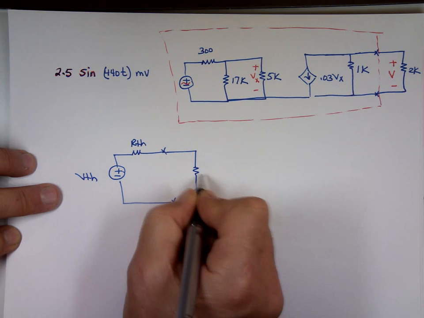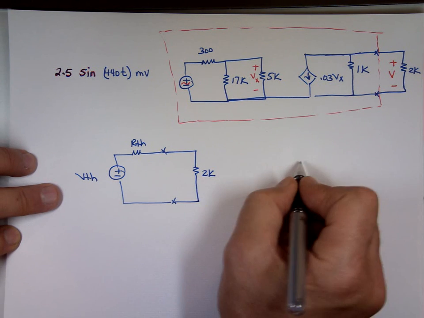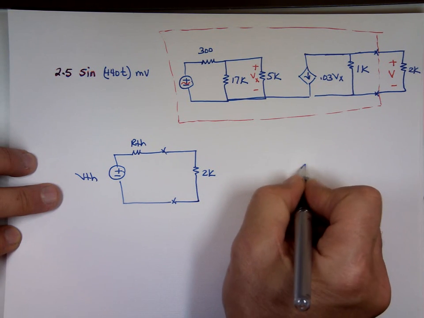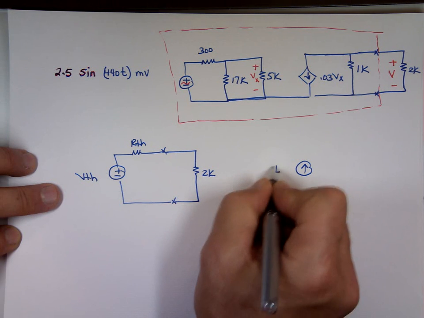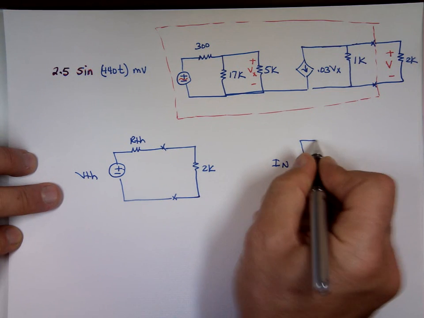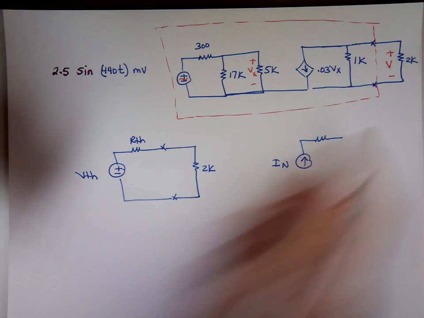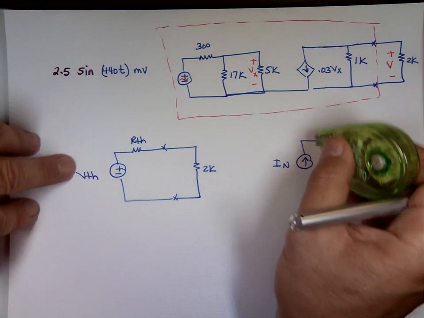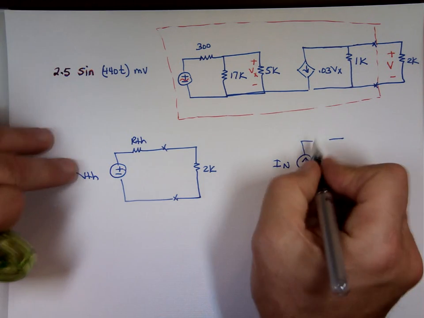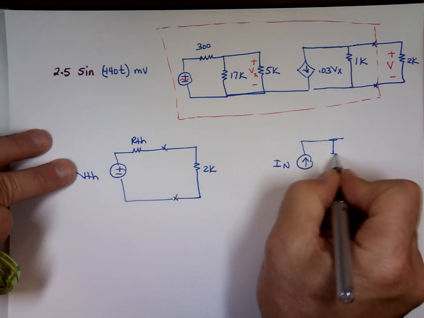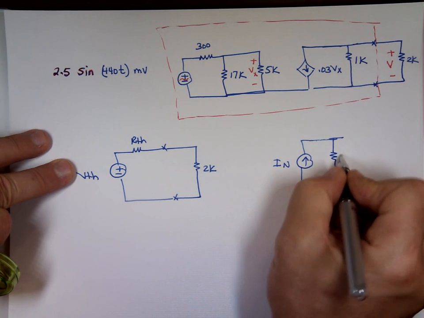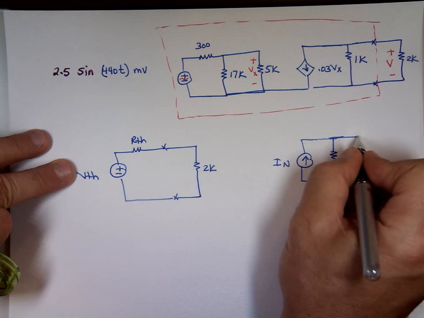And if you want to do Norton, that would be I Norton. It won't be on the top. Where's the resistor going to be? Parallel. R Norton, and the 2K.